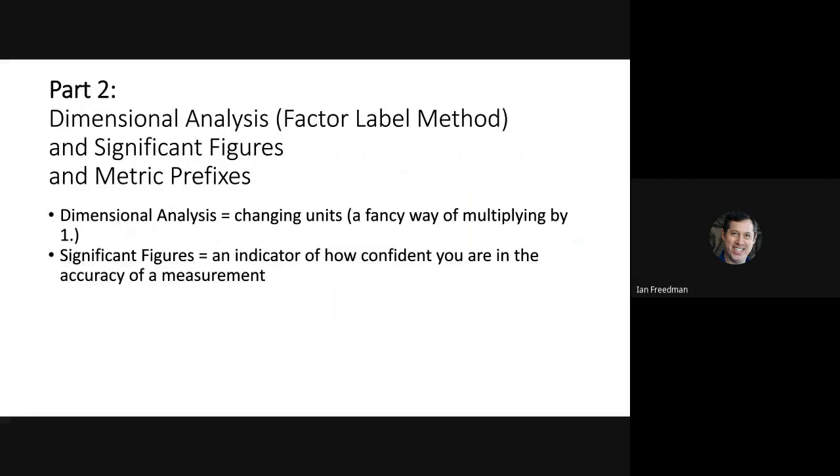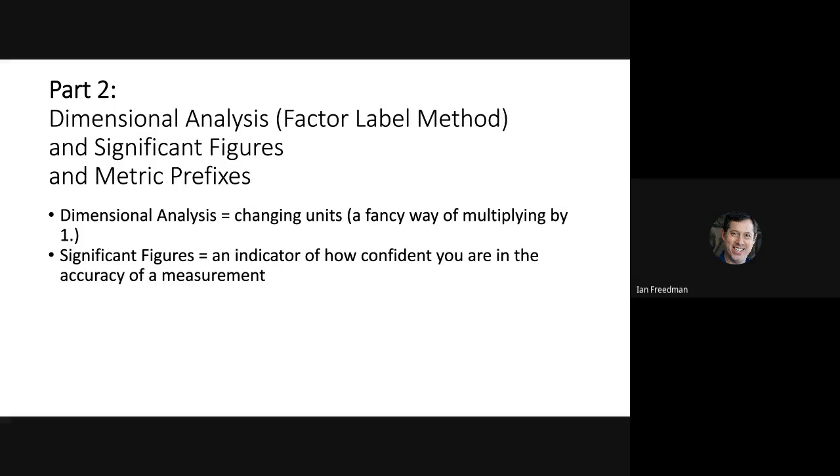Dimensional analysis, which you might know as factor label method, is just a fancy way of changing from one unit to another set of units by multiplying by fractions that are equal to 1. Significant figures, which are just an indicator of how confident you are in the accuracy of a measurement, and metric prefixes, which are like centi, kilo, milli, for example.